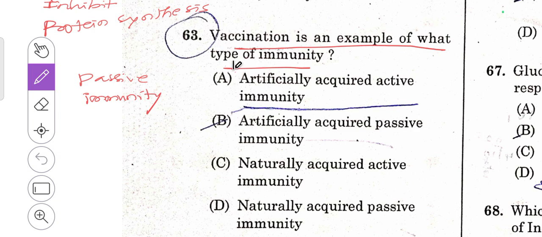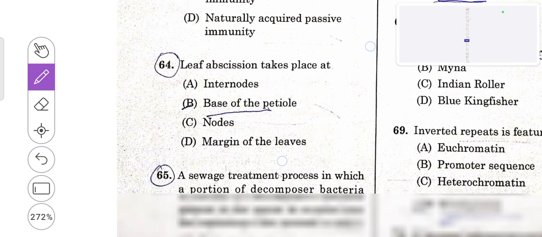So vaccination is one of the artificially acquired active immunity. It is one of the passive type of immunity, but it works actively. So A is the right answer.